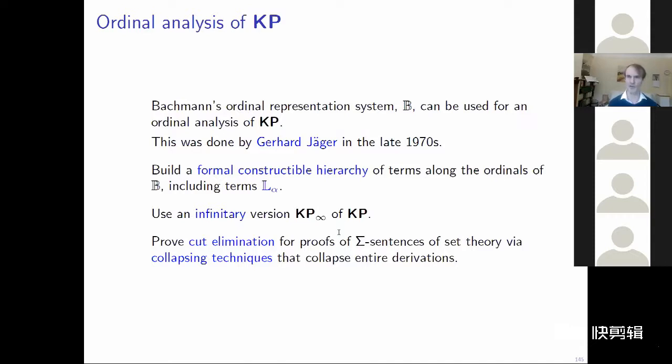Sigma formulas are formulas where you can have unbounded existential quantifiers appearing positively, but no universal set quantifiers. And this requires a complicated technique of cut elimination, which involves so-called collapsing techniques, where in some sense you collapse an entire proof. It's a bit like the Mostowski collapse of set theory transferred to proof theory, to give you an idea.